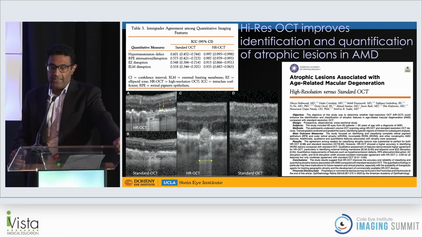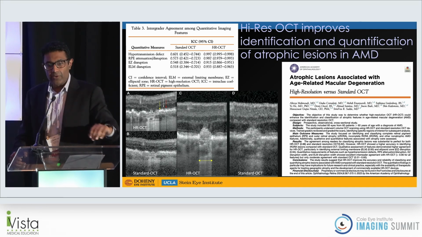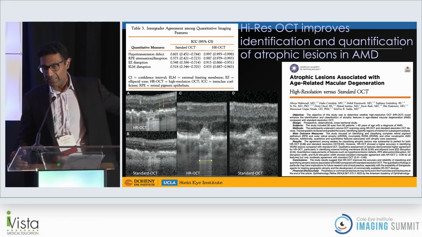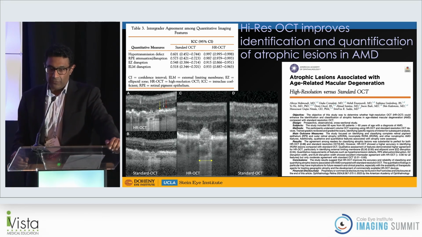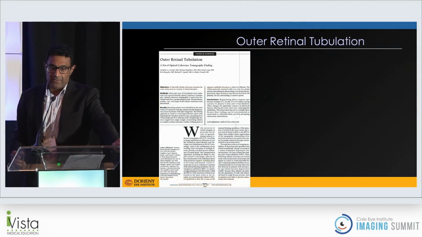And especially if you're interested in quantifying these outer retinal bands and abnormalities, we've shown in this publication that there's a big difference. You can easily appreciate the difference between standard resolution and high-res for delineating the outer retinal bands, and for quantification, this seems to make a very big difference.